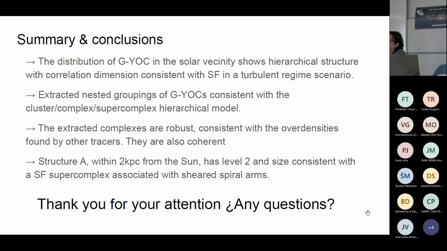And also, especially in the very young clusters, we have found a lot of substructures. So if we decide that these two substructures are only one, or we label that as two clusters or just one, I'm wondering how this may affect the results.